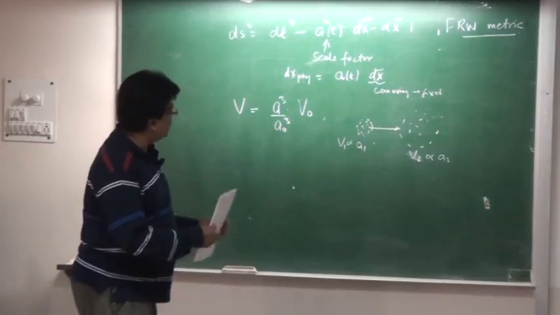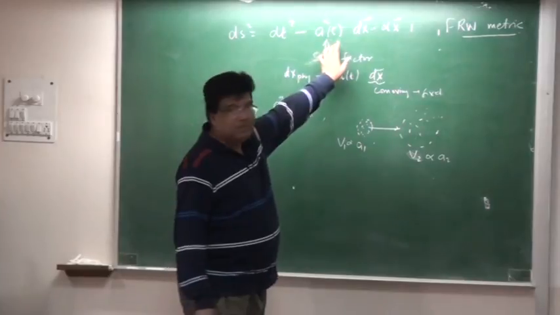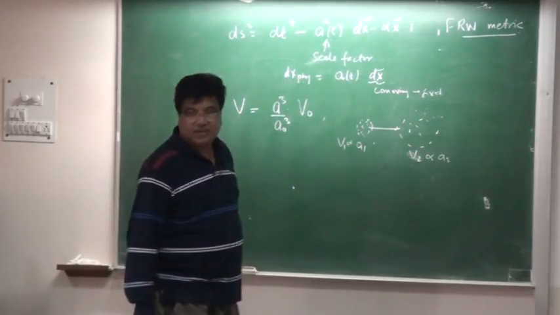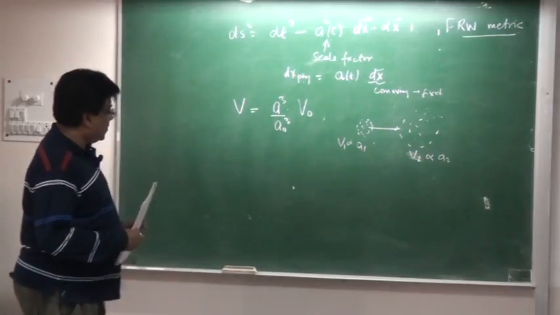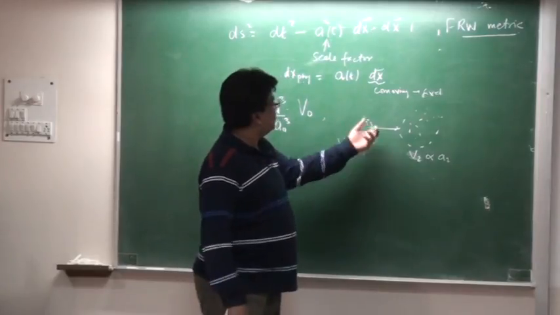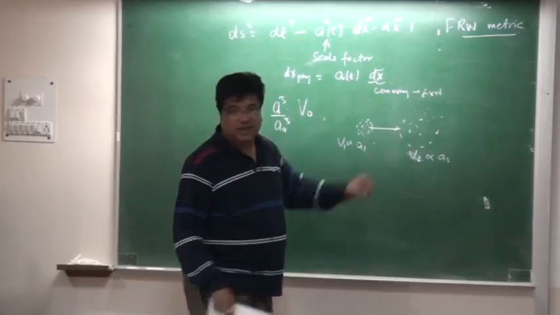But in the present universe, if you want to see the change, the time is the cosmological time, some billion light years. So any volume will expand like that, just because space expands.